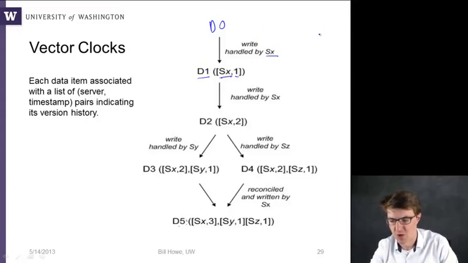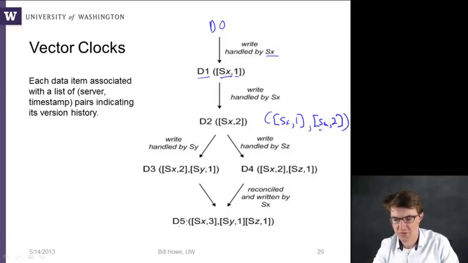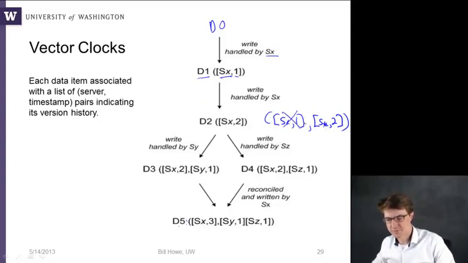Then some other client reads D1 and writes back D2, and you might want to append to the vector clock both values, but D2 descends from D1. It was handled by the same server, and so you can garbage collect this part of the vector clock, right? So it's the same server with a higher timestamp, which means that the old version with the older timestamp is not needed anymore. Okay, and since there were no other conflicts to work on.